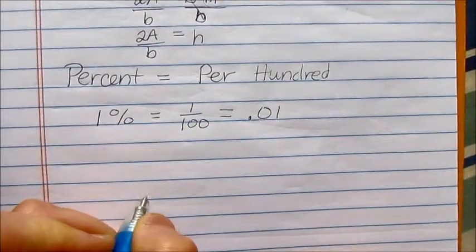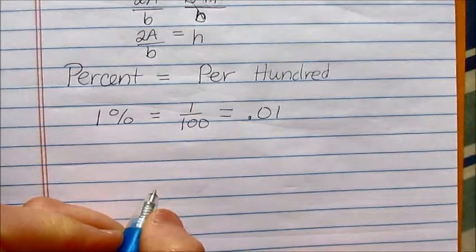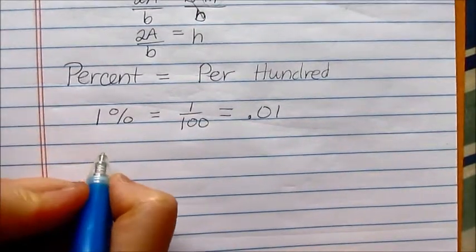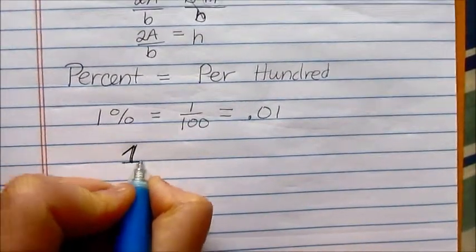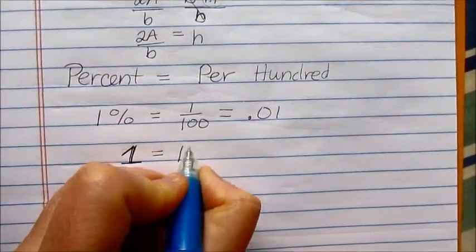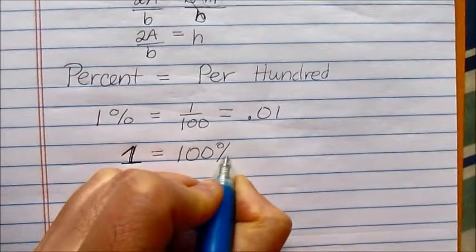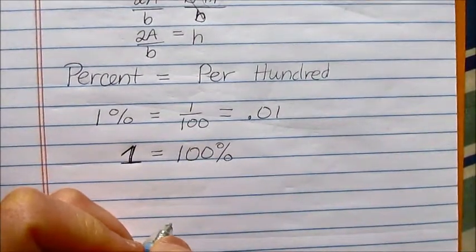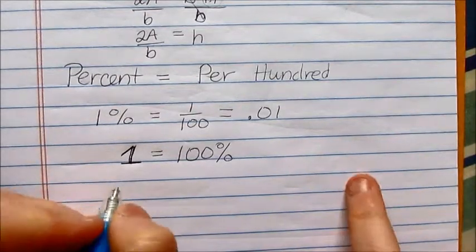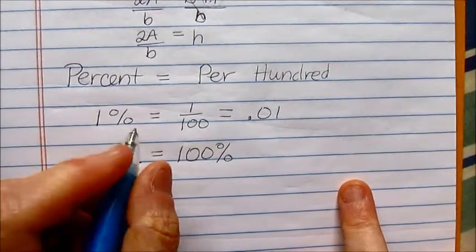This also says 1/100th. 1 is actually 100%, and we can multiply and divide by 1 whenever we want and we won't change the value.